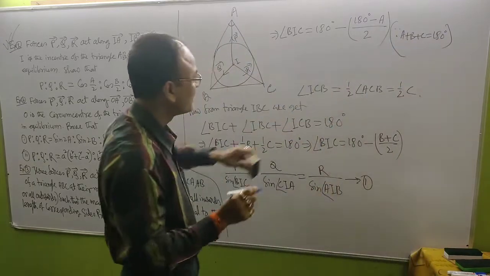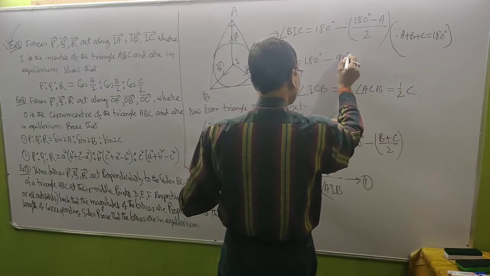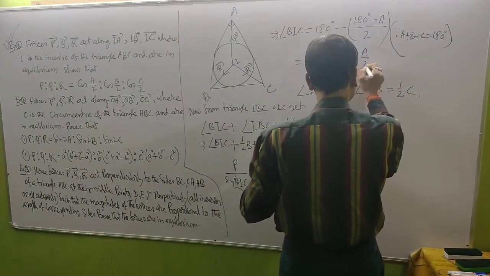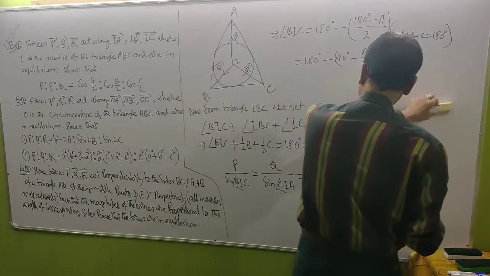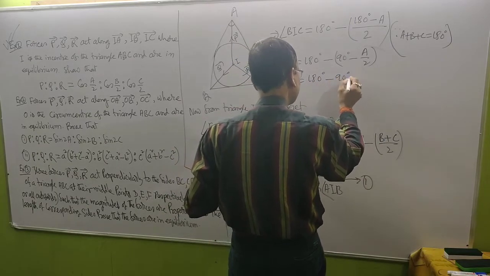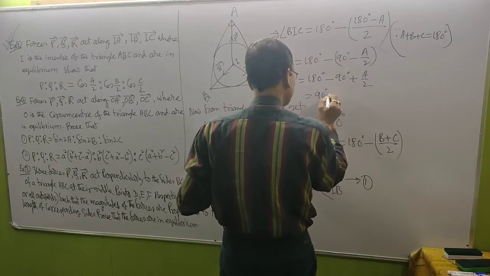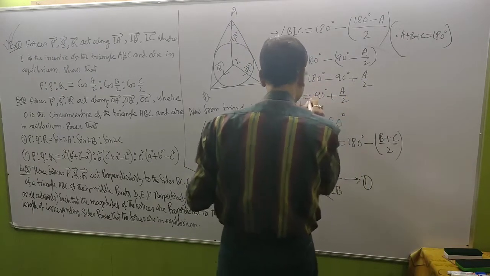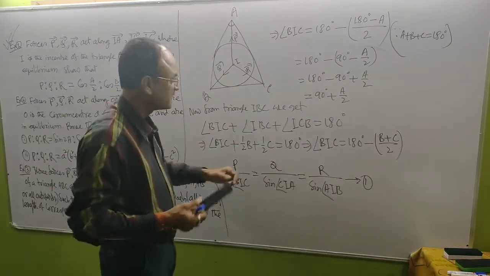This is equal to 180 degrees minus (90 degrees minus A by 2). This is equal to 180 degrees minus 90 degrees plus A by 2. This is equal to 90 degrees plus A by 2. Angle BIC equals this.